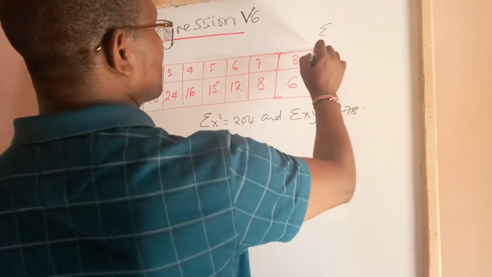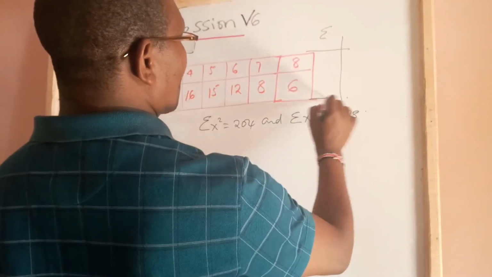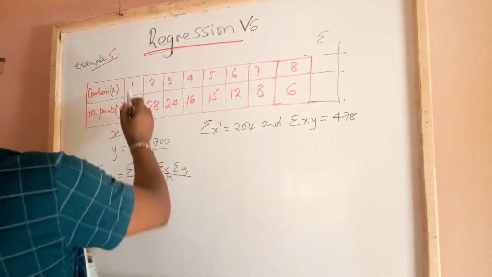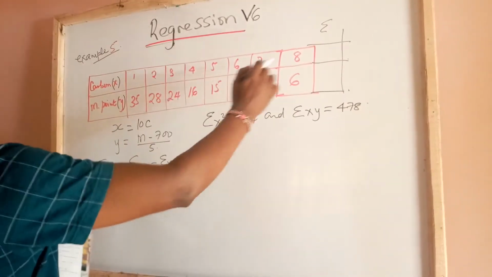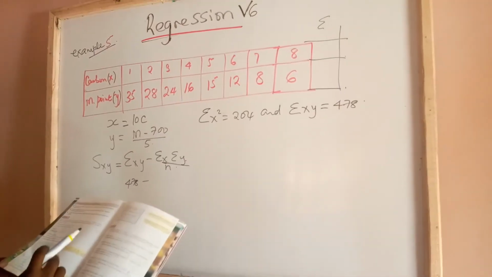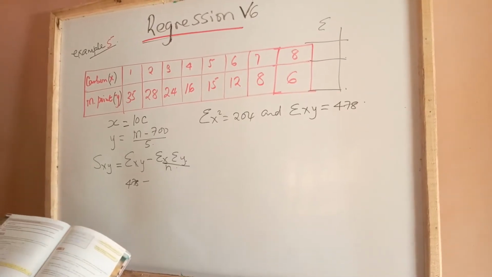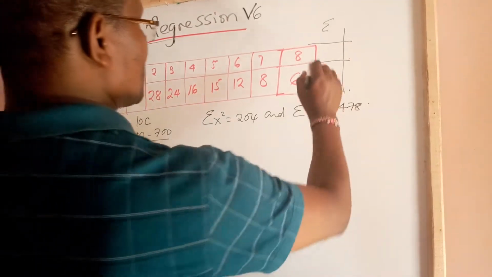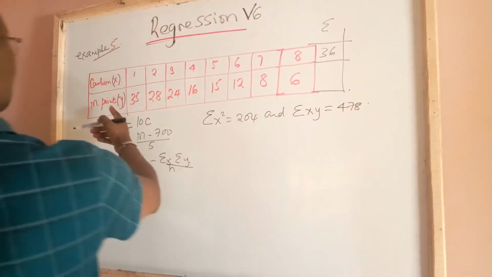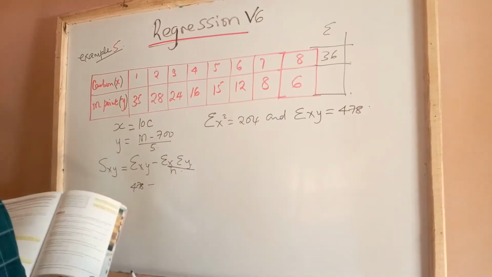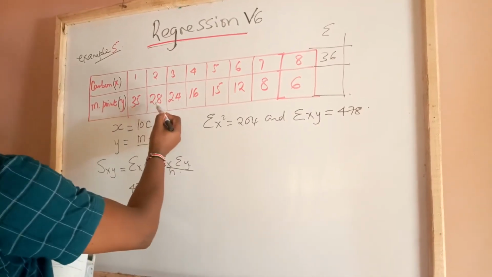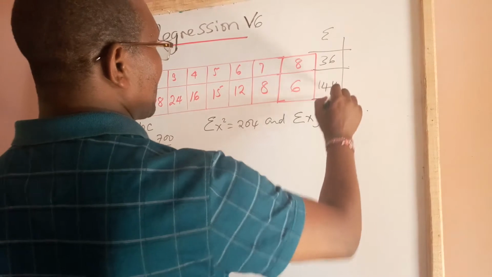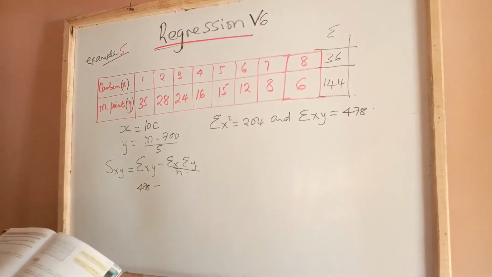So if we create a new column there and call it sigma, then we can have our sigma x to be 1 plus 2 plus 3 all the way to plus 8, which is equal to 36. And the sigma y, because at some point we'll need it, is going to be 35 plus 28 all the way plus 6, which is going to be 144. You may confirm that.